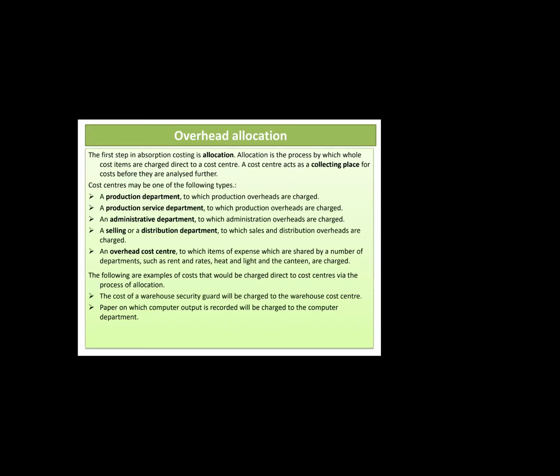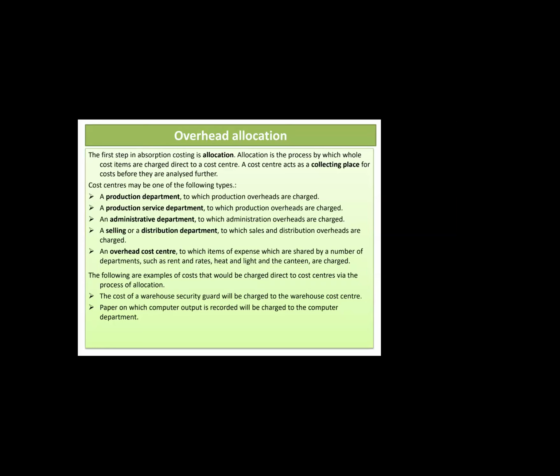A cost center acts as a collecting place for cost before they are analyzed further. A cost center may be one of the following types: it can be a production department, a service department, administrative, or selling or distribution. So all are cost centers.